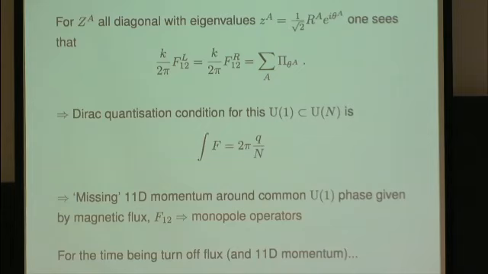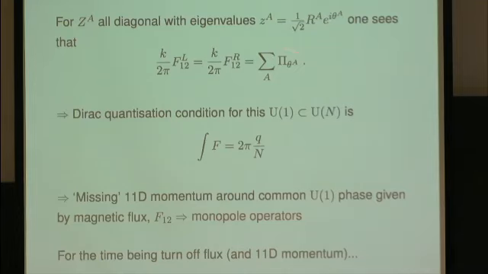Take some z's which are diagonal and write their eigenvalues here in terms of this polar decomposition. And you see that you end up with F1 to left equals F1 to right, which is given as the sum of the conjugate momenta in these angular variables now.